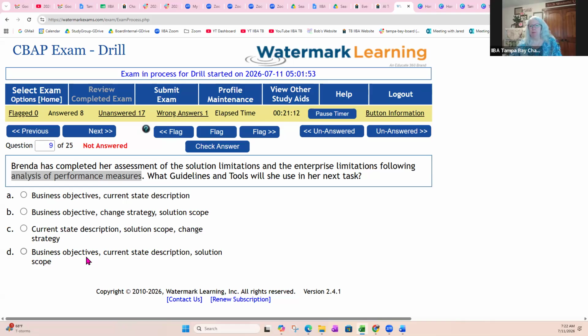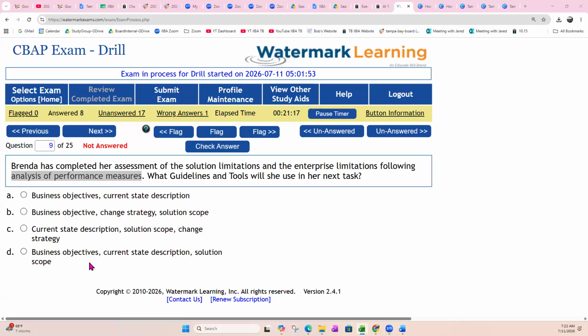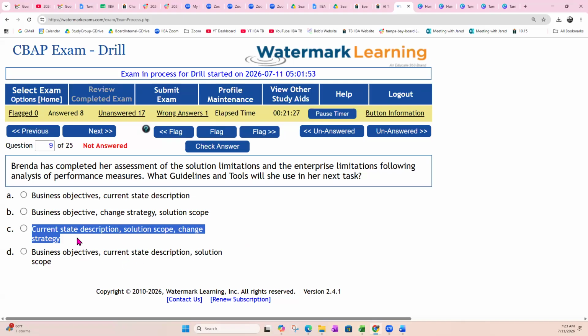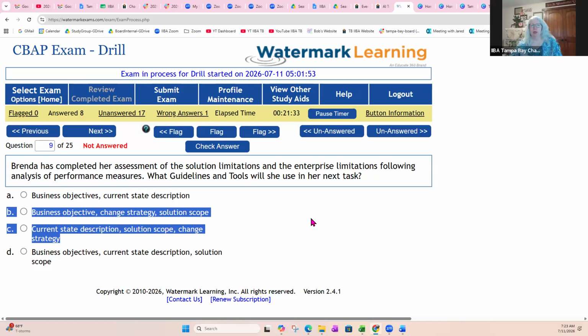Can we eliminate one? Eliminate C because of change strategy. Wait a minute, this has change strategy in it too. Yeah, I think we get rid of both. Okay, so A and D are left.